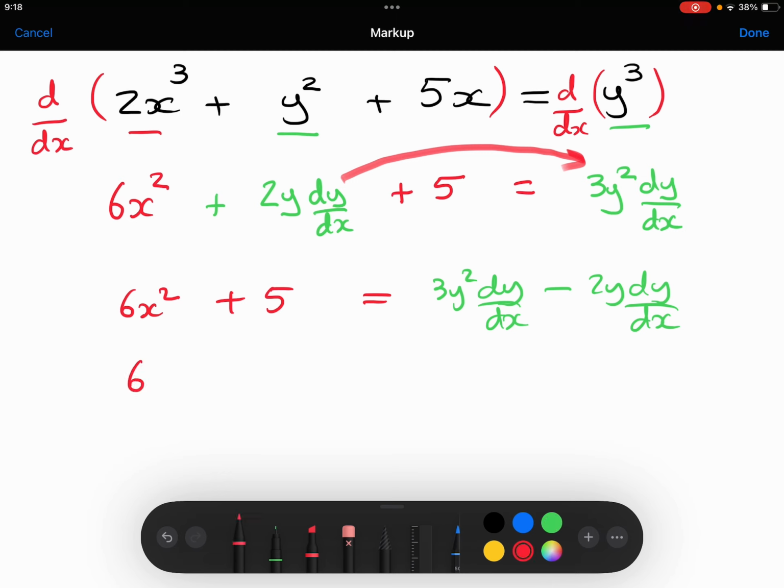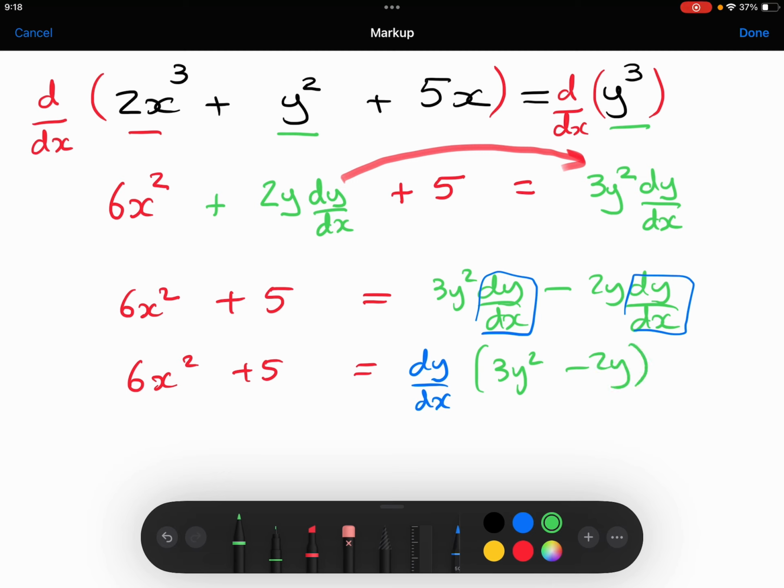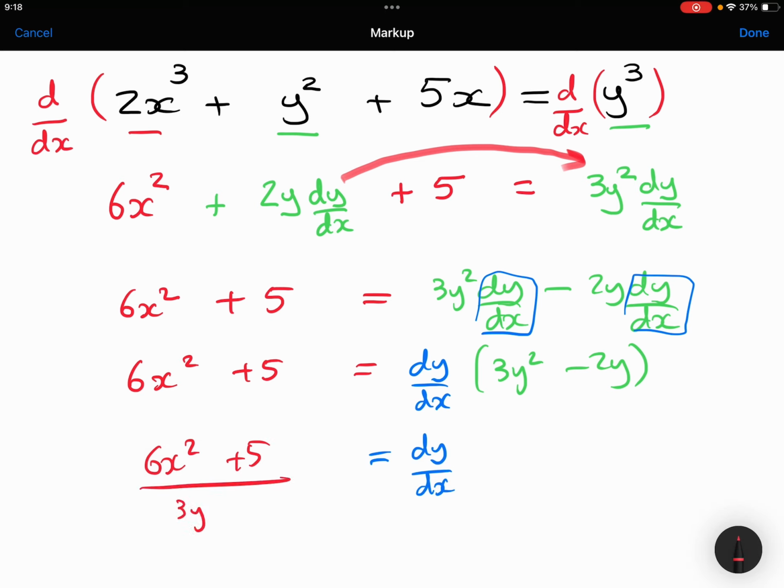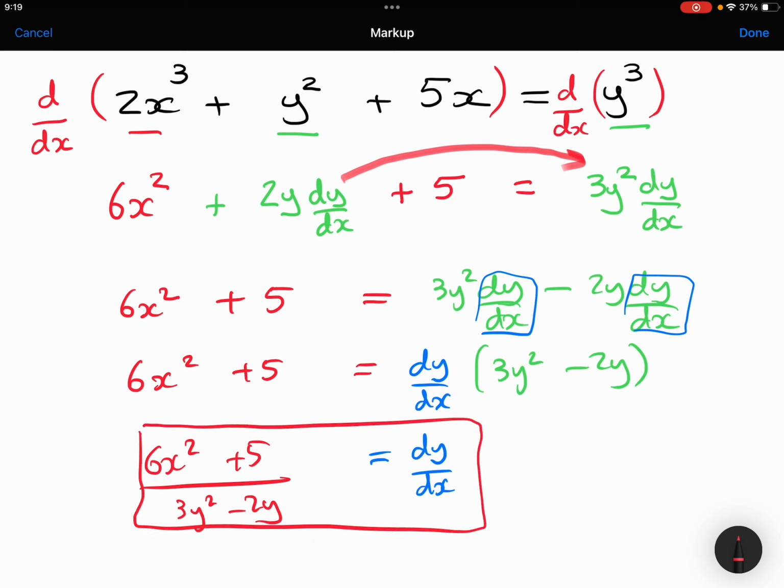Then I'm going to do a little bit of factorising. So I'm going to factorise that dy by dx out from here and here. And then we're going to divide by those y terms to make dy by dx the subject. And there we go, we have got our gradient function, having differentiated implicitly.